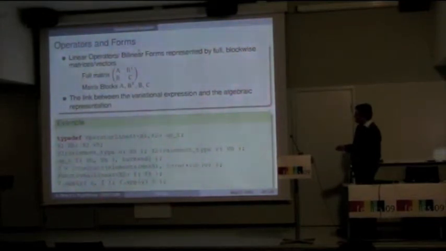So for example, this is a linear operator between a space x1 and x2. So we instantiate the spaces, we define elements of the spaces, then we instantiate the associated operator, we define the operator here.